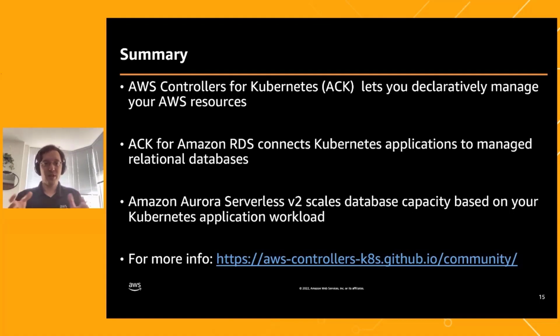For example, you can use ACK to connect your Kubernetes applications declaratively to your Amazon RDS databases and get the fully managed database experience. You can even have your databases work similarly to your Kubernetes workloads with Amazon Aurora Serverless v2, where Serverless v2 scales your database capacity based upon your Kubernetes application workload.